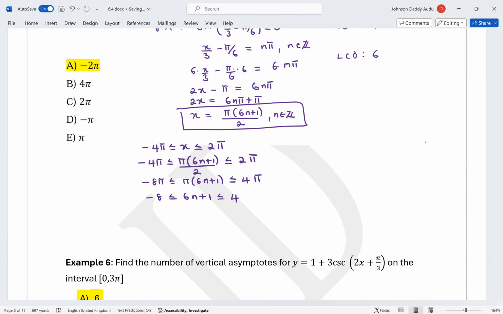And now we solve for n. This will become minus 9 is less than 6n is less than 3. Am I correct? So we subtract 1 from the three-sided inequality.